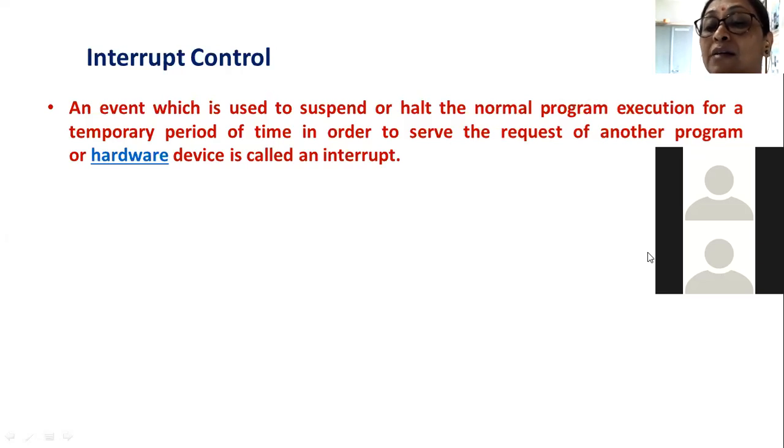The CPU will attend to the interrupt signal. While attending to the interrupt signal, the CPU will observe the address of that interrupt, and that address shows the location of memory where the interrupt service routine is stored, and it will execute the interrupt service routine.